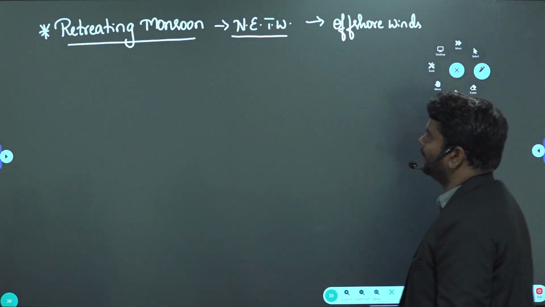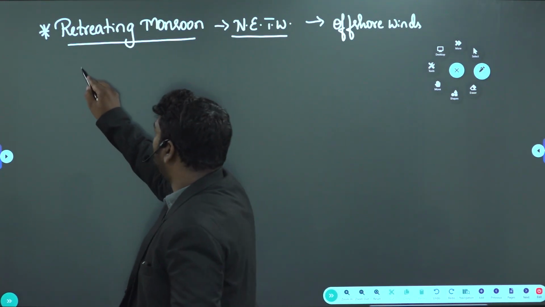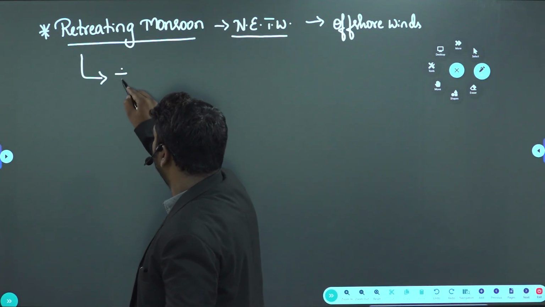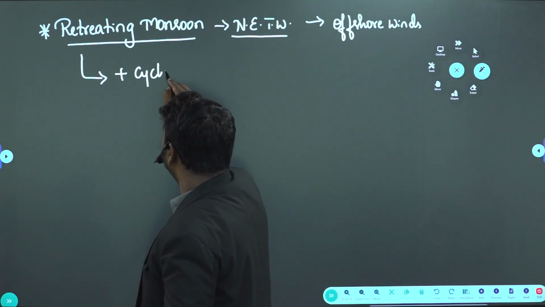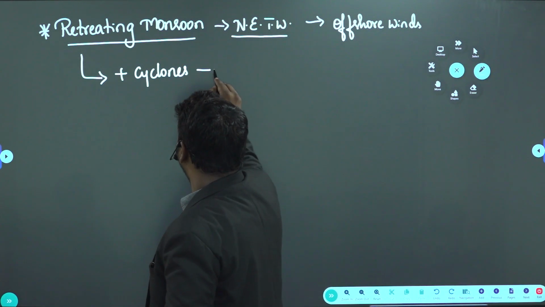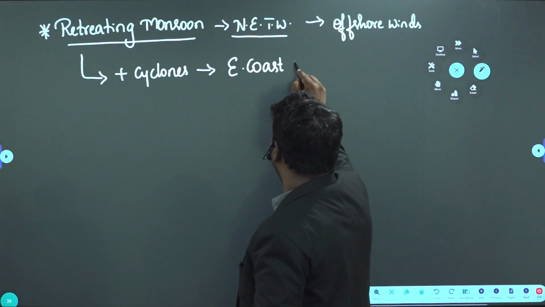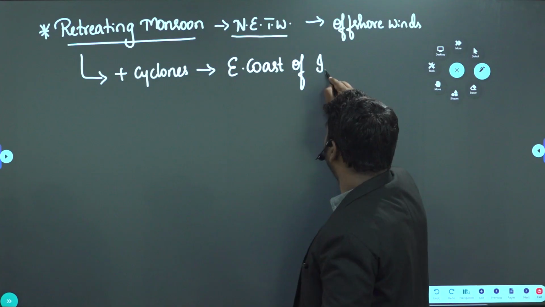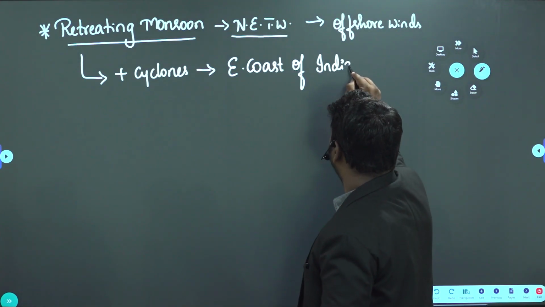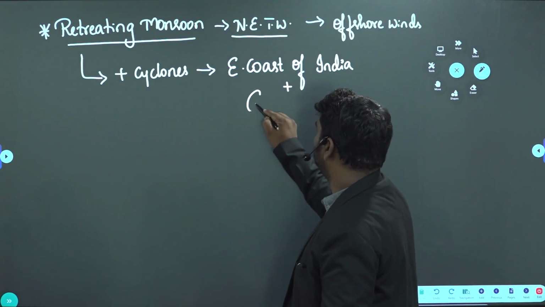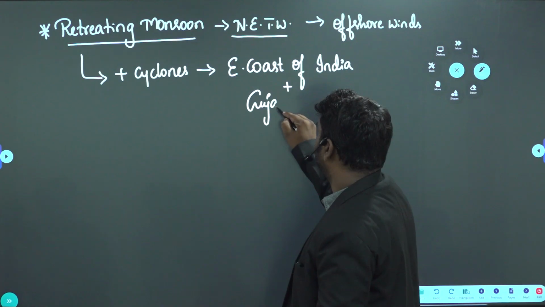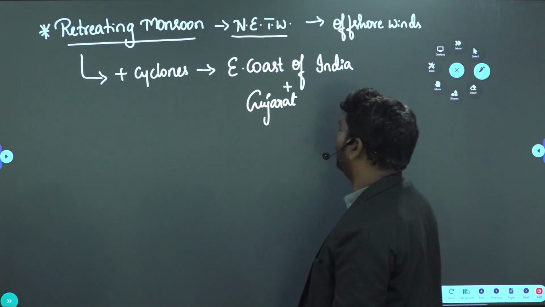Offshore winds, but some parts of it along with cyclones give rainfall to the east coast of India plus parts of Gujarat. Gujarat also depends upon cyclones.